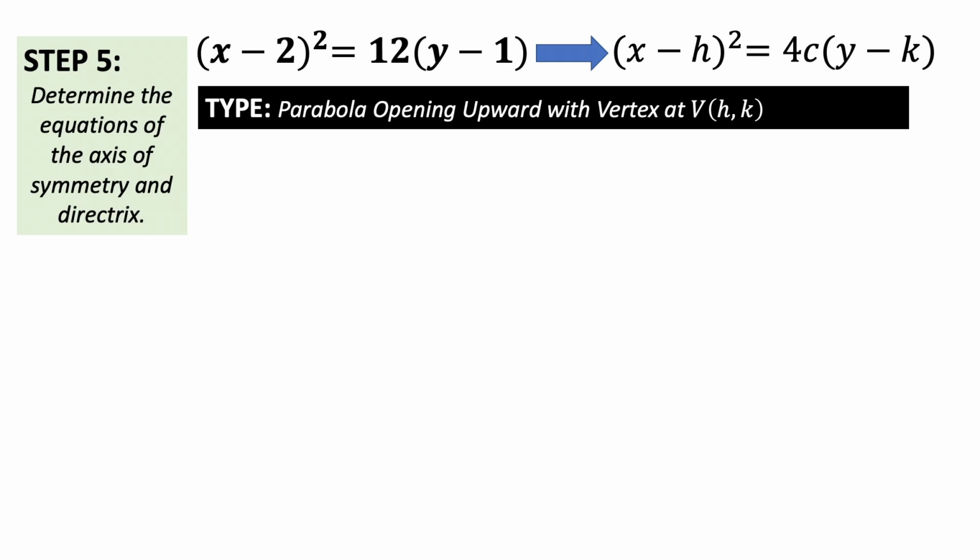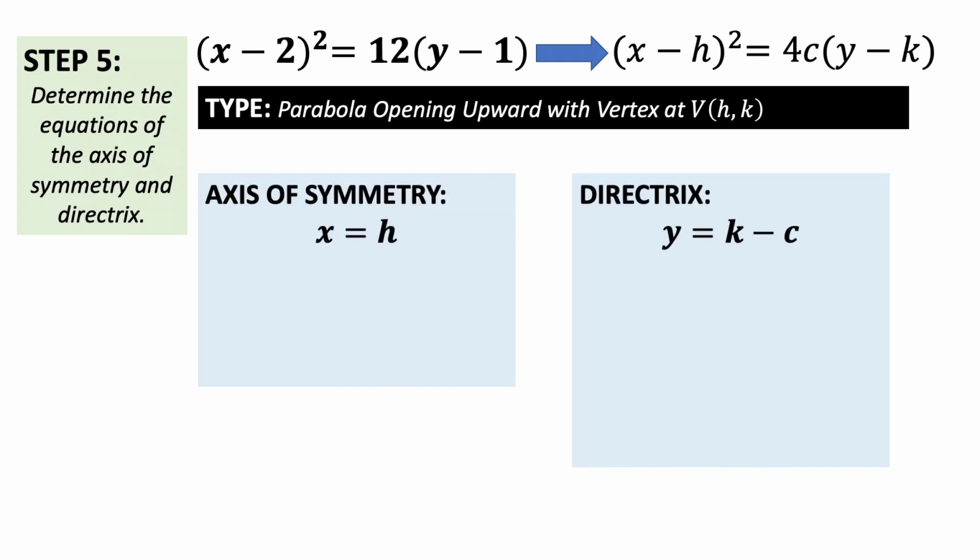In step 5, we will determine the equations of lines that describe our axis of symmetry and directrix. We need the numerical value of h for axis of symmetry. We know that h is 2. Therefore, the equation of our axis of symmetry is x = 2. We need k and c to solve for the equation of our directrix.